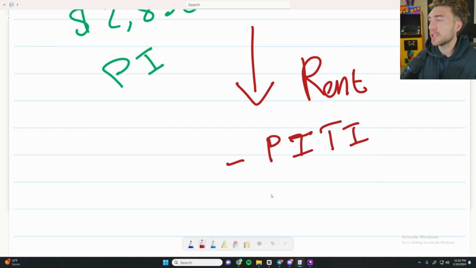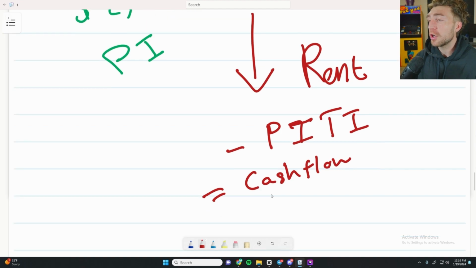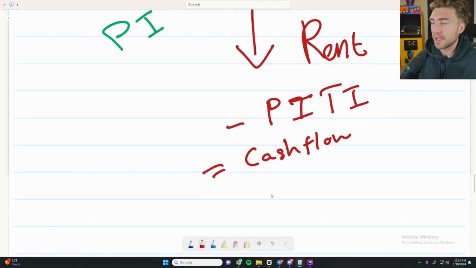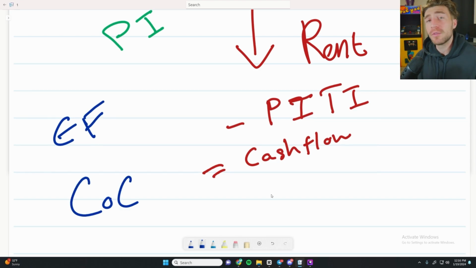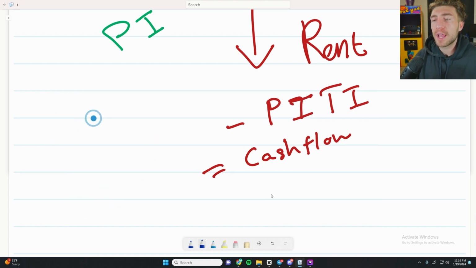And our other holding costs like maintenance and capital expenditures and all that stuff. And we could get cash flow. And we could then calculate our entry fee, right? We could calculate our entry fee. And then we could get our cash on cash return. If you have no idea what I'm talking about, go watch my last video. But we don't need to calculate all of that for a wrap deal.